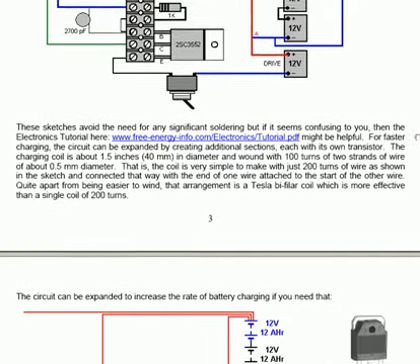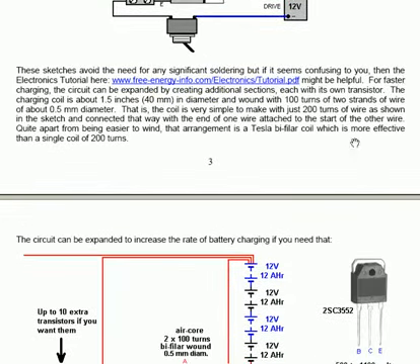If you want faster charging, the circuit can be expanded by creating additional sections, each with its own transistor. The charging coil is about 1.5 inches in diameter, that's about 40 millimeters, and wound with 100 turns of 2 strands of wire, each about 0.5 millimeter in diameter.